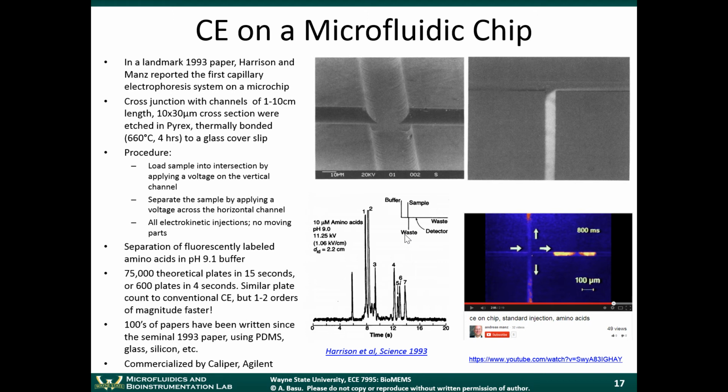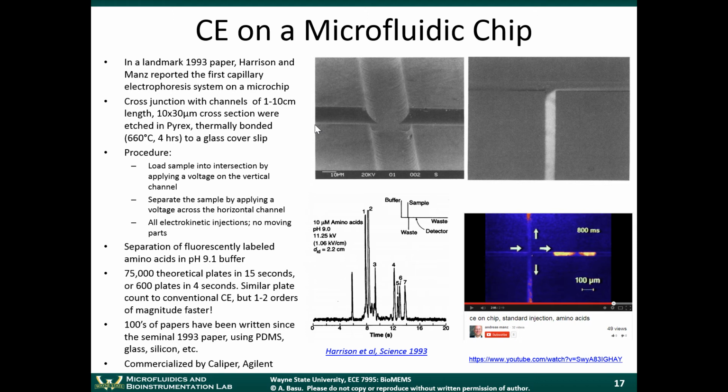So the first demonstration of microfluidics was with capillary electrophoresis on a chip. And there are some advantages of miniaturization. First of all, just as is the case with gel electrophoresis, the advantage of the system is that you can do fast separations.